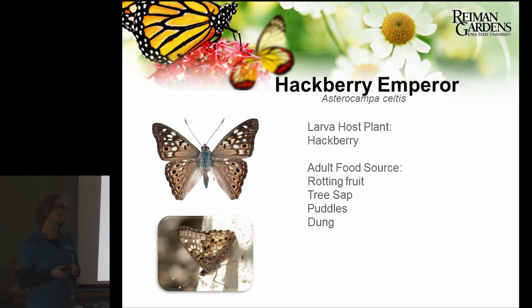They are kind of a grayish brown butterfly, and they do have these little eye spots along the wings. They also like to use rotten fruit and tree sap, and these are definitely popular at the puddles too.